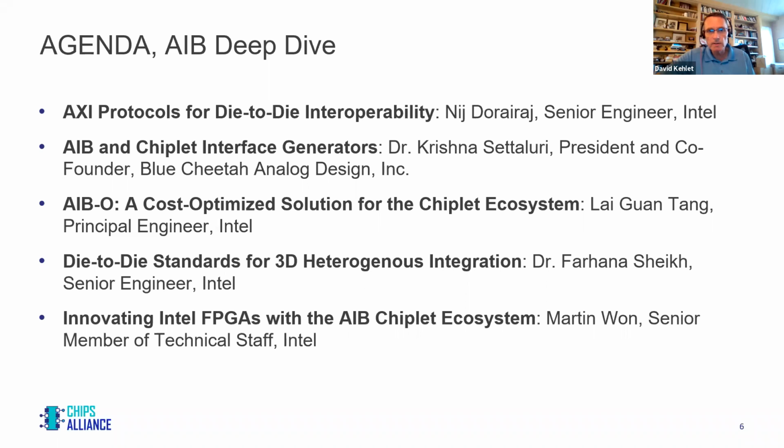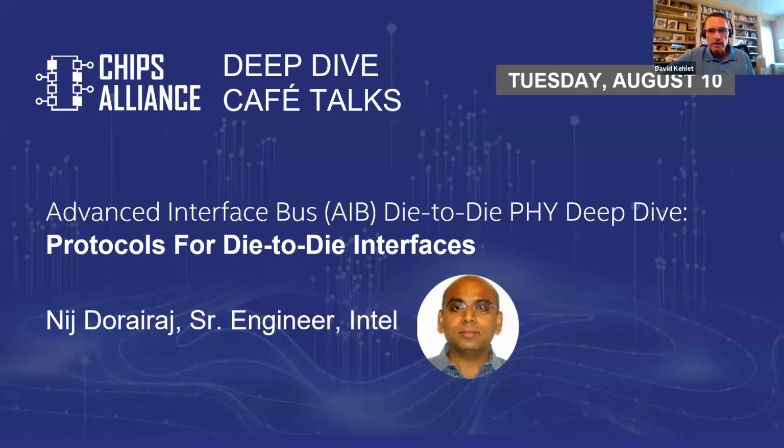Farhana Sheikh will talk about AIB 3D, a proposed standard for 3D heterogeneous integration. And we'll wrap it up with Martin Wan, who's going to talk about the AIB chiplet ecosystem. So with that, I'm going to hand it off to Nij. And Nij, I'll page forward for you. Just let me know when to switch.